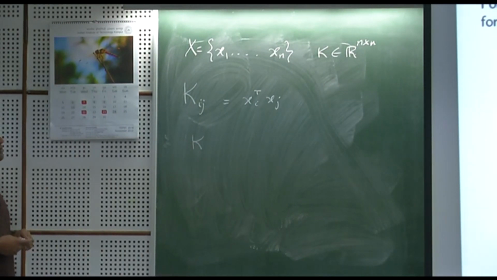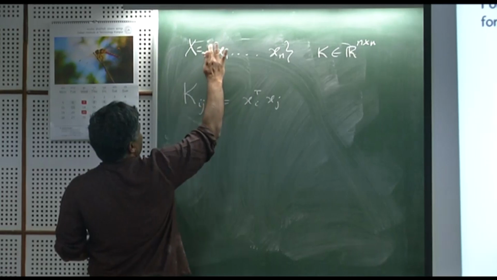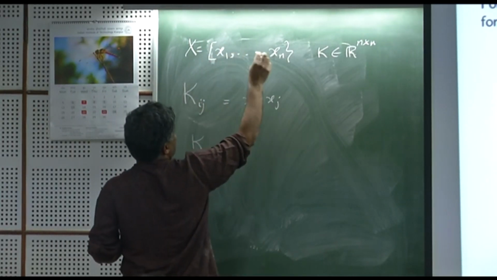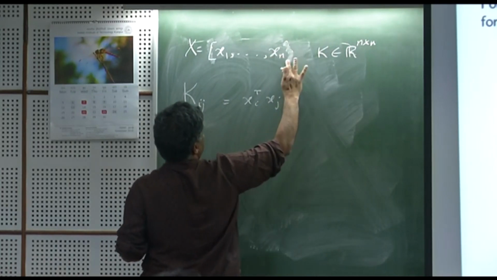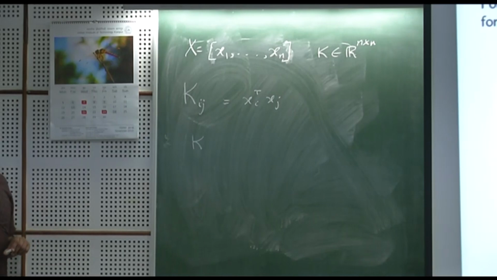Can I write this matrix in a nicer form somehow? In order to write that in a nicer form, consider this matrix X, where these x1 through xn are sitting as columns. Then what is this matrix K?